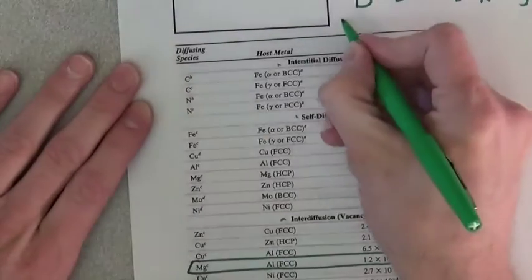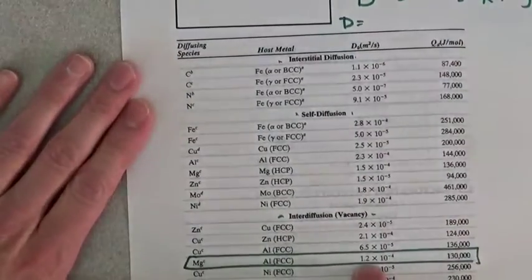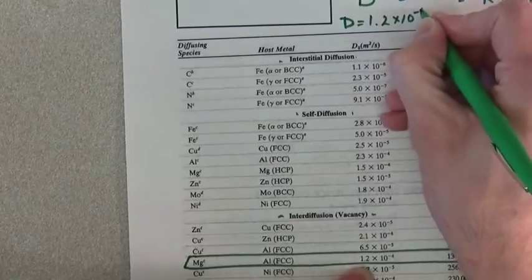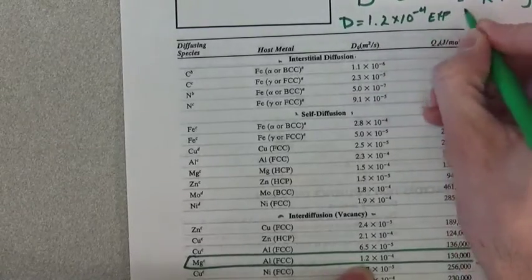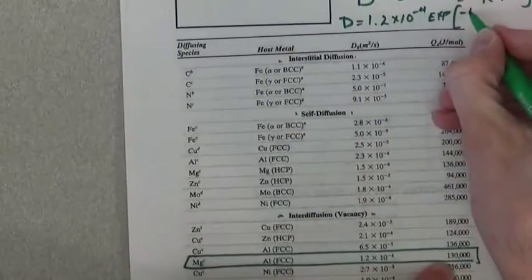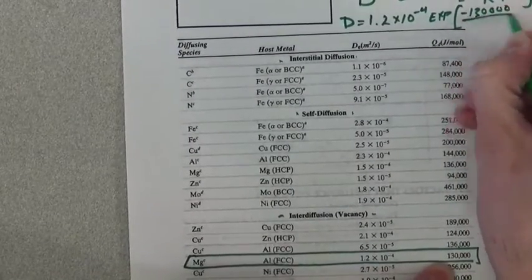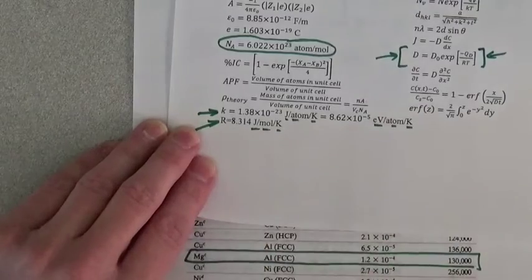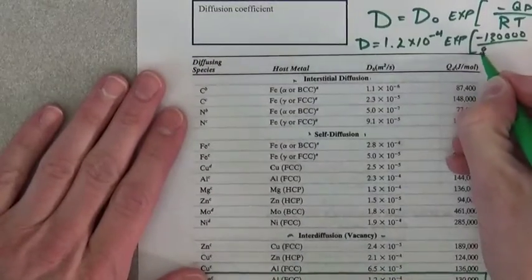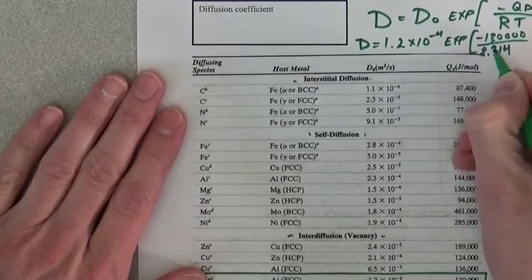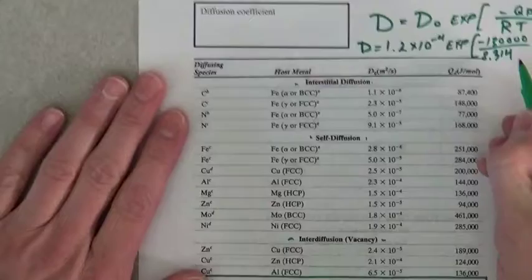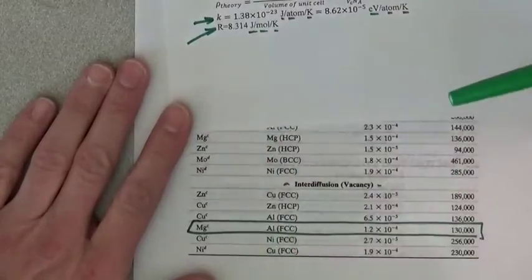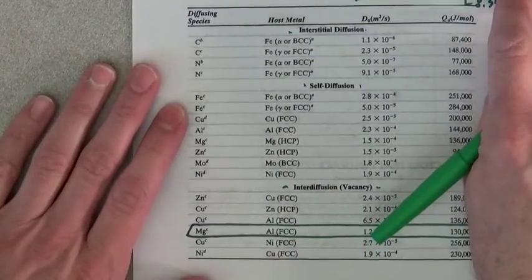Which means that we get D is equal to 1.2 times 10 to the minus 4 exp of negative 130,000 divided by R, which in the proper units of joule per mole per K is 8.314, and T. And in this case, because this is joule per mole K, T has to be in Kelvin as well.